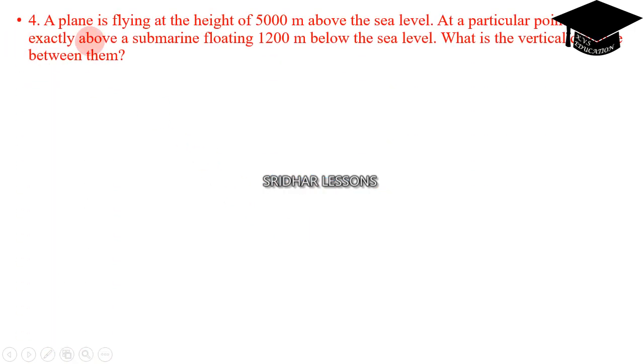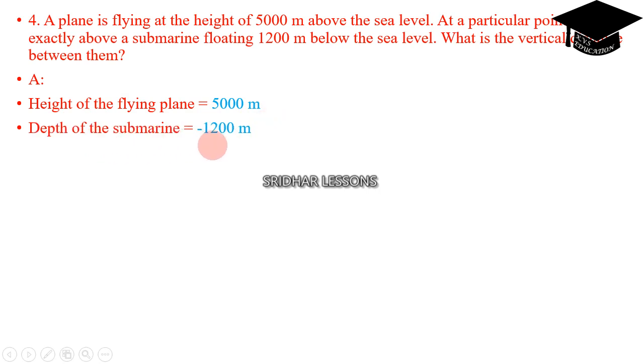Next question. A plane is flying at a height of 5,000 meters above the sea level. At a particular point, it is exactly above a submarine floating 1200 meters below the sea level. What is the vertical distance between them? Height of the flying plane is 5,000 meters.